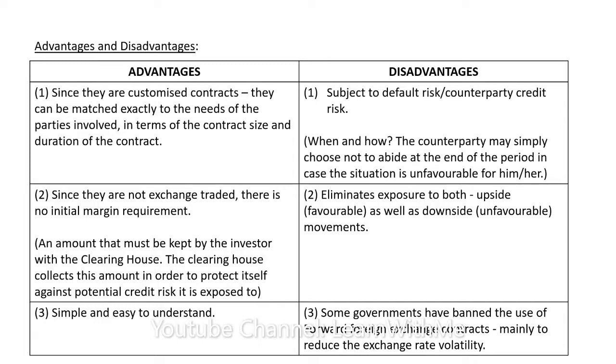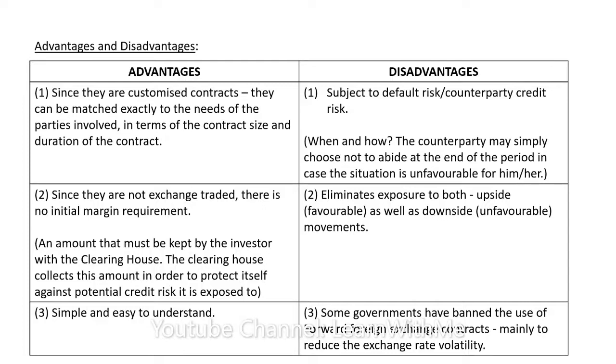You see, if there is a favorable movement in the exchange rate, there is always a possibility that the counterparty might simply choose not to abide by the terms of the contract, just because the forward contract terms are now unfavorable for them, and they may simply choose not to abide and take advantage of the favorable movement in the exchange rates. So there is always this possibility.